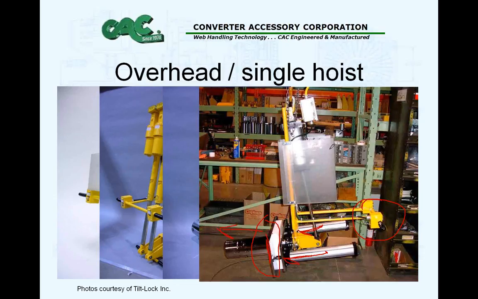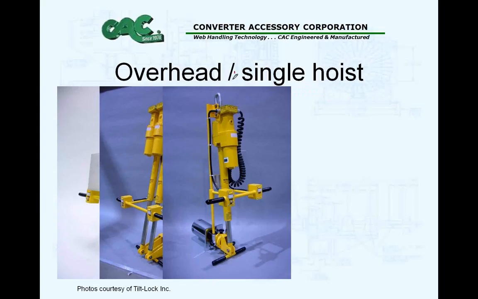But one of the things to notice in this photo is how you never get that truly parallel positioning to the floor or to a cantilever shaft, because this pivot, this load point where the hook is, never gets to the center line of the roll. So you always have a little bit of tilt to these systems. Even if you think about when you hook up to this with a single overhead hoist, this load position never gets to the halfway point of the roll out here.